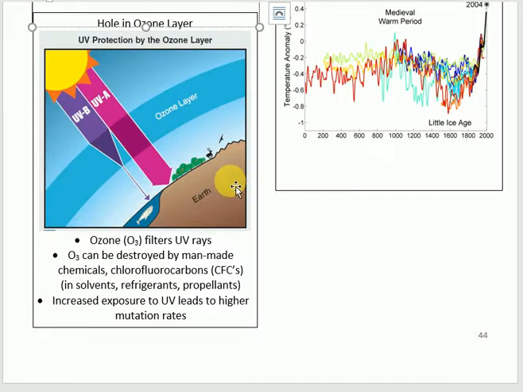And basically, we know that the ozone filters out UV rays. So this ozone can be destroyed by man-made chemicals. So like your CFCs. These things are in like aerosol cans and different solvents, etc. And so basically this increased exposure to the UV, also it leads to higher mutation rates.